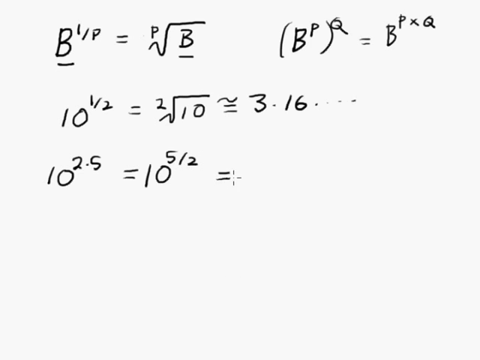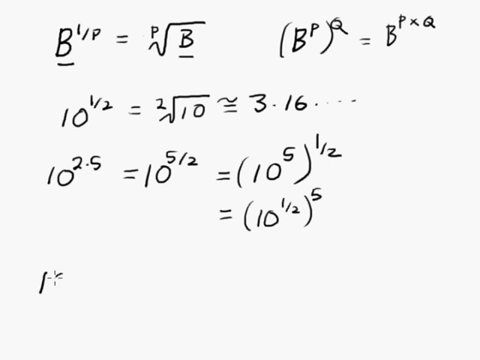We can say 5 over 2 is 5 times a half, so it's 10 to the power of 5, then you take the square root of that. So 10 to the power of 2.5, you can work that out by doing 10 to the power of 5 and then taking the square root. Or alternatively, you can do it by taking the square root and then raising to the power of 5. It's exactly the same.